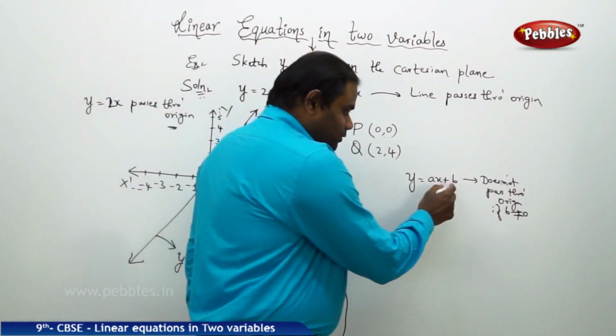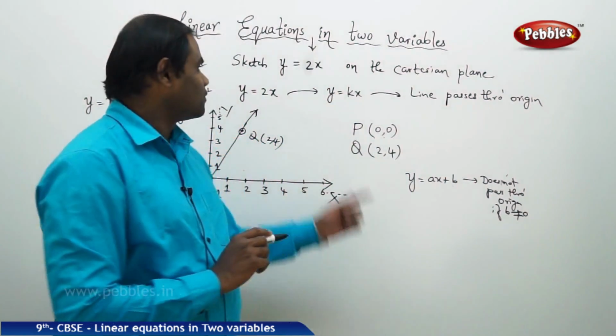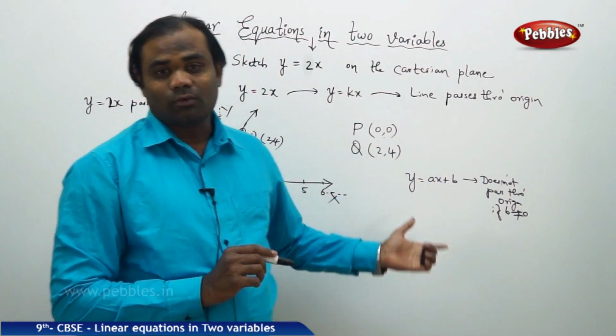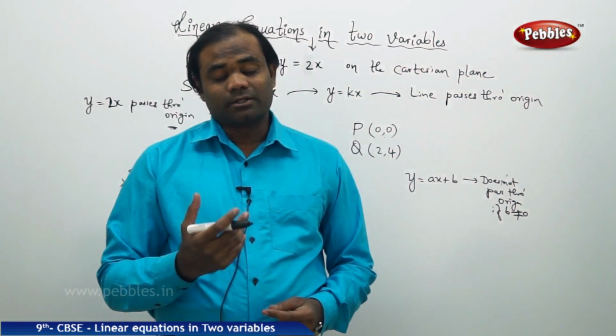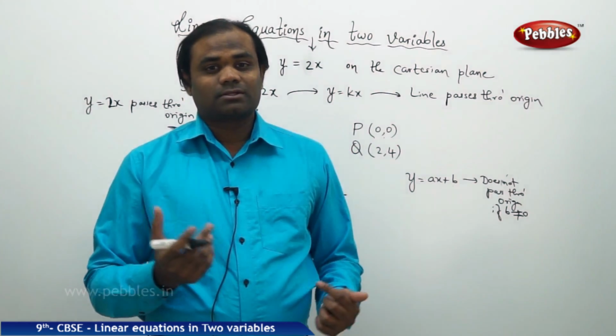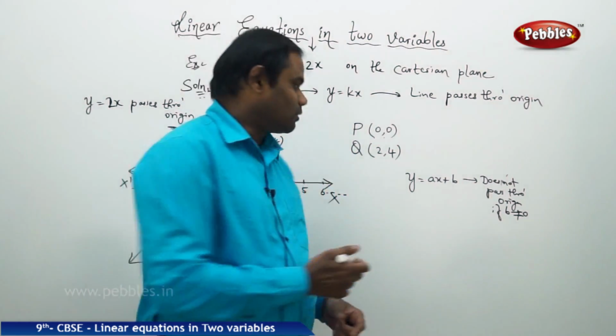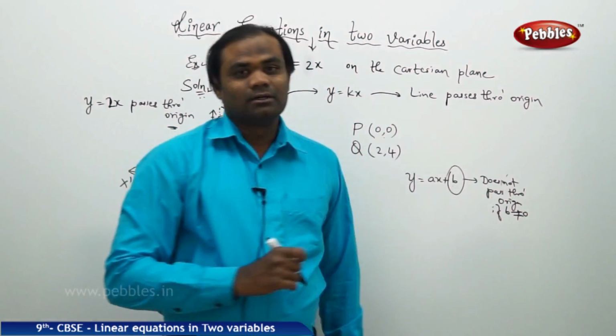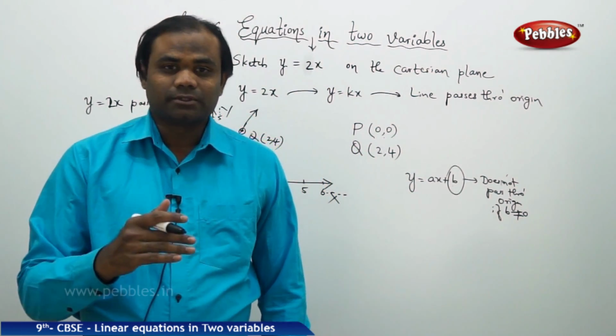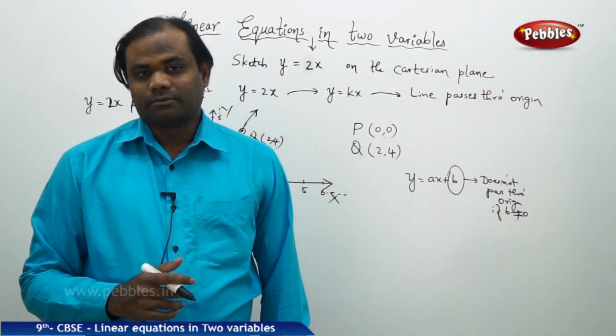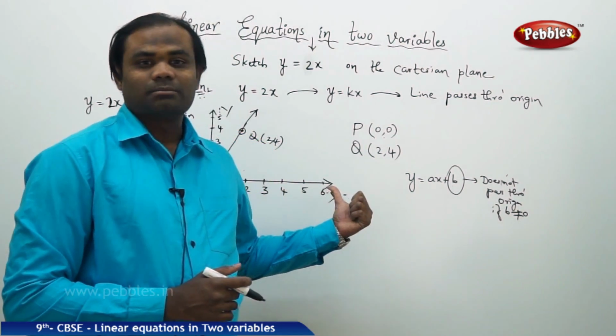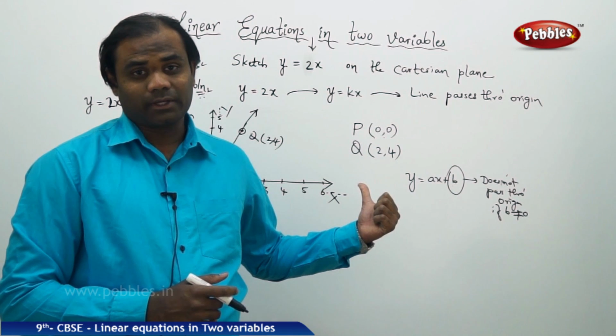If b is equal to 0, then this reduces to the form y equals kx or y equals bx, and the line must surely pass through the origin. B, the constant, decides whether the line passes through the origin or not, as seen through the example problem y equals 2x.